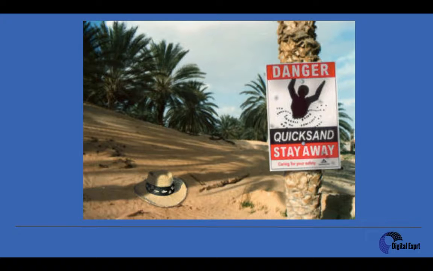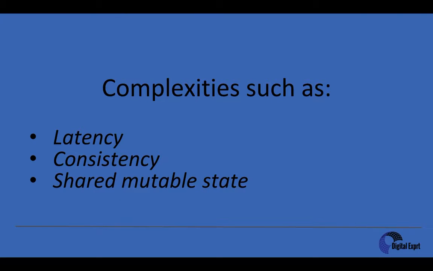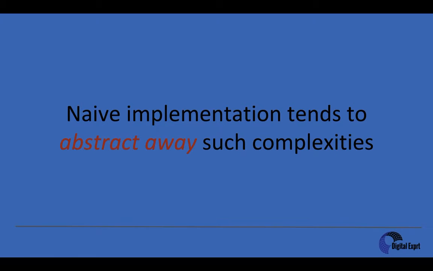So what are the complexities that we can talk about regarding these I/O boundaries? There are things that we label as latency. Another issue is consistency, as well as the shared mutable state. And we'll talk a little bit more about that as the presentation progresses. So whenever we have a naive implementation, we see that these complexities are abstracted away.